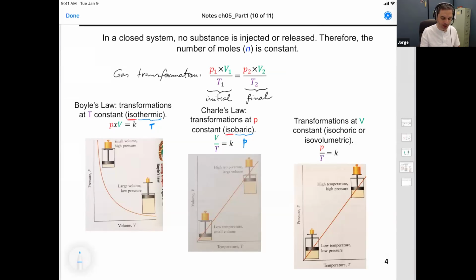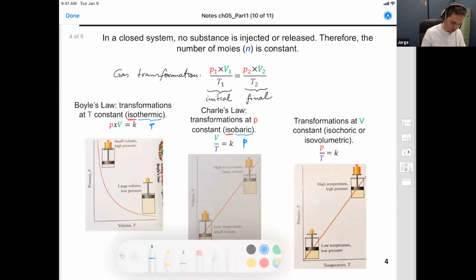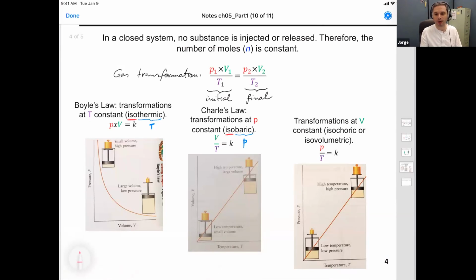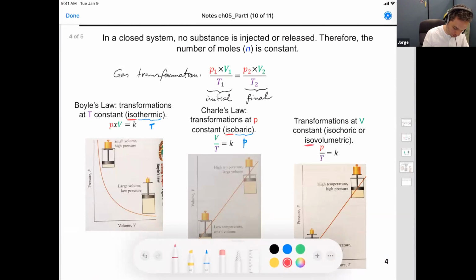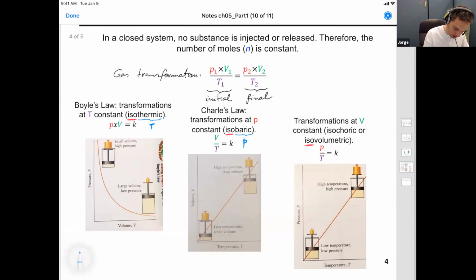And the third kind of special transformation are transformations at volume constant. Those are called isochoric or isovolumetric transformations. Again, here, iso means constant or equals, and then volumetric means volume.